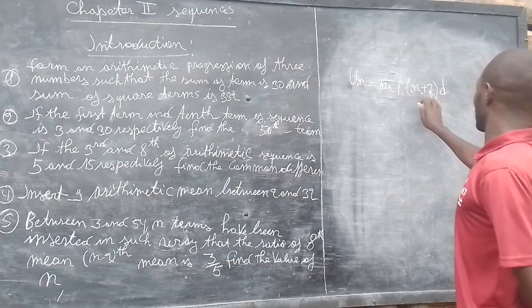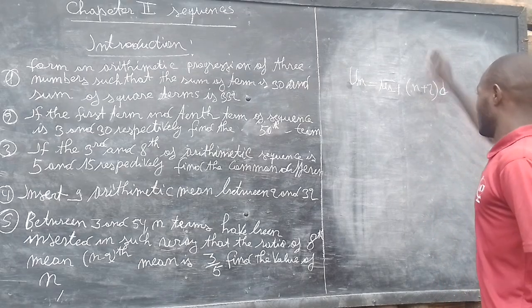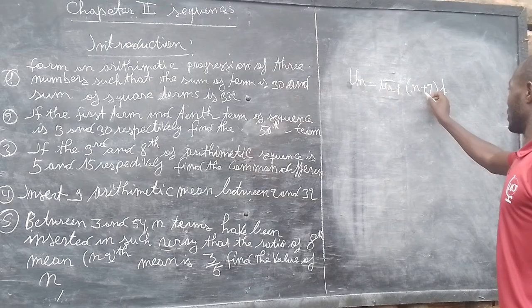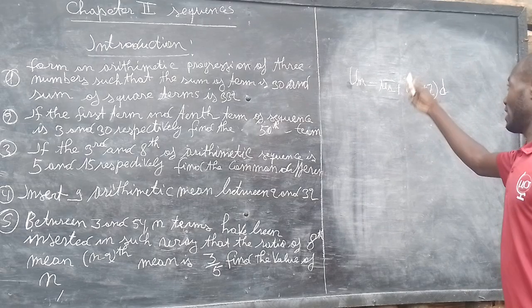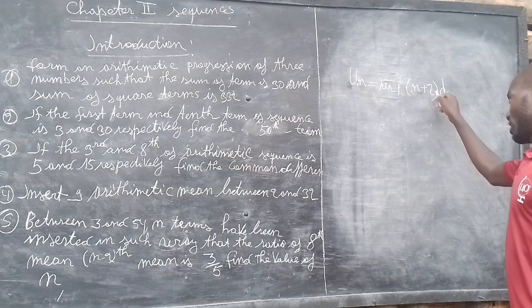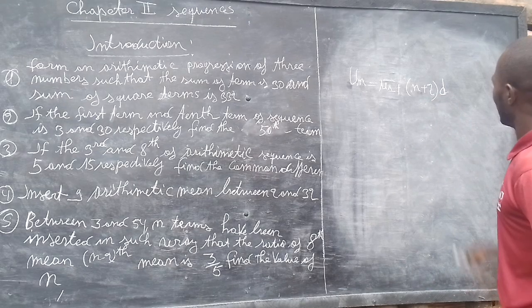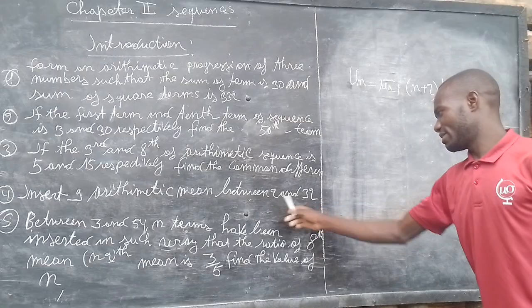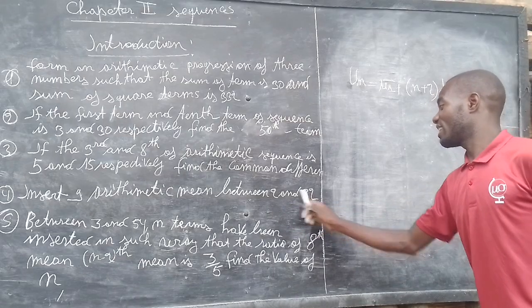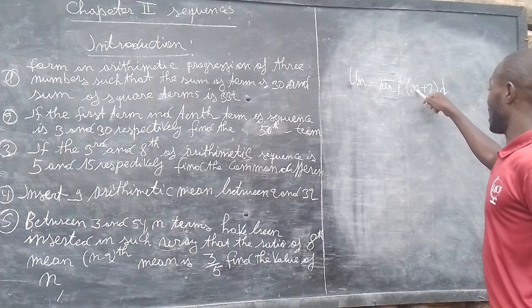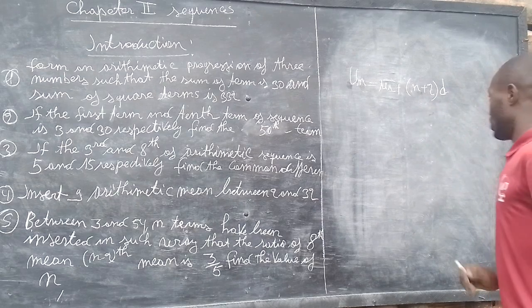So you see that it is the opposite of the first one. There we were subtracting, but here we are adding 2. This 2 is the first and the last, and this is also the term number we are asked to insert.